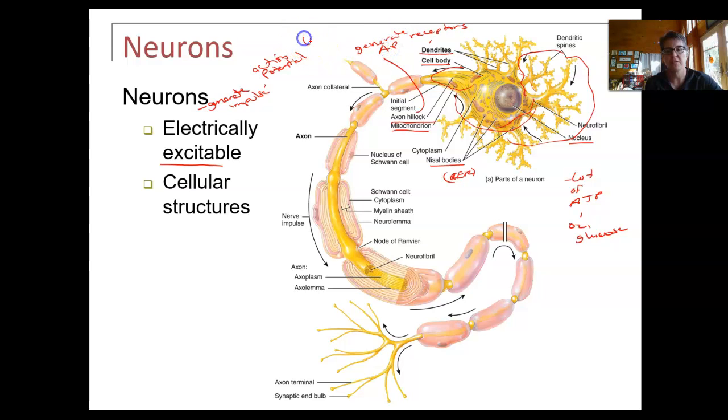AP, action potential, meaning the nerve impulse. So it starts in the axon hillock, the first part of the axon. The axon is this whole process coming off of it, and it splits into the branches, into these terminals, and at the ends of the terminals are these synaptic end bulbs, and these have vesicles with neurotransmitter.